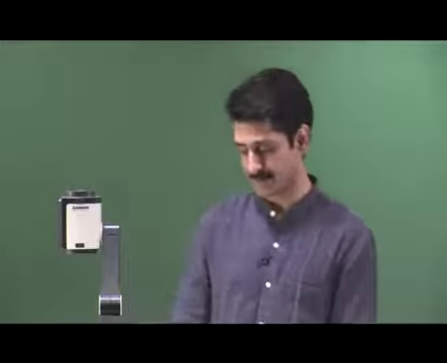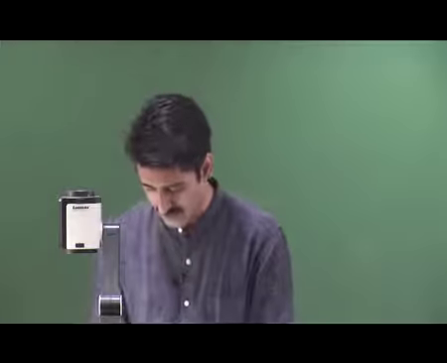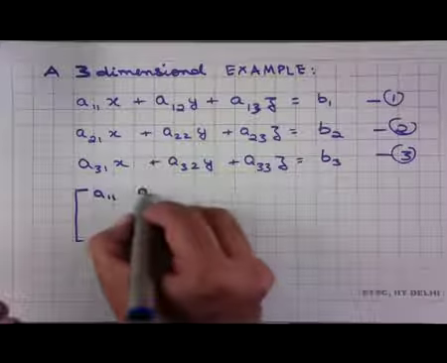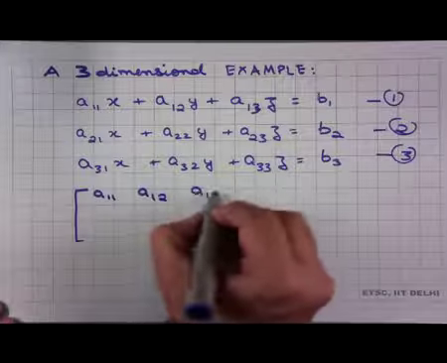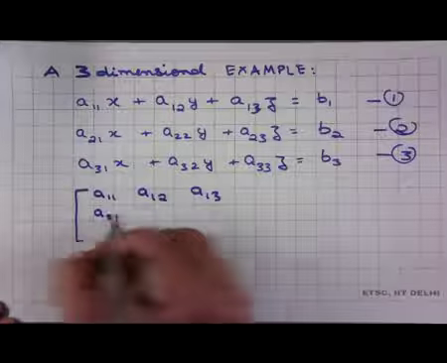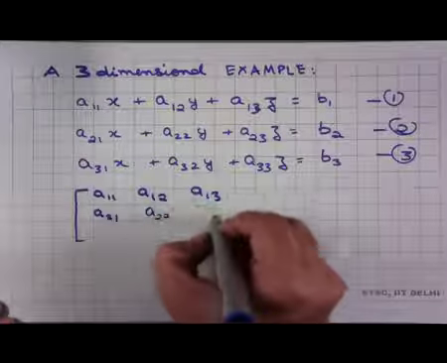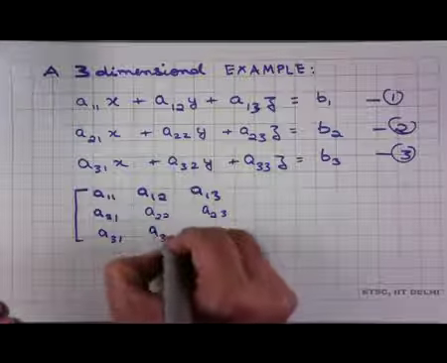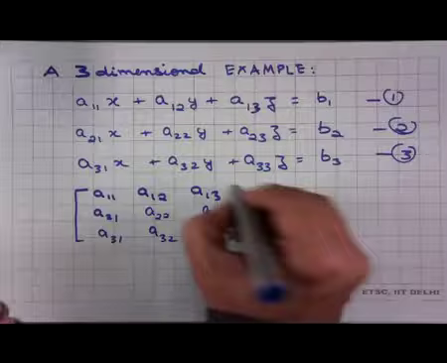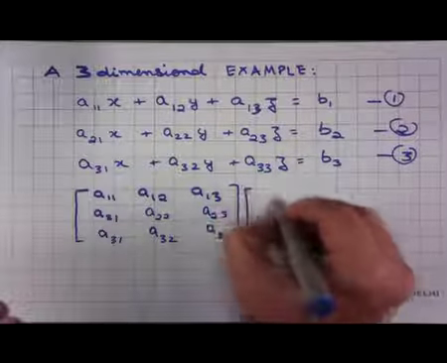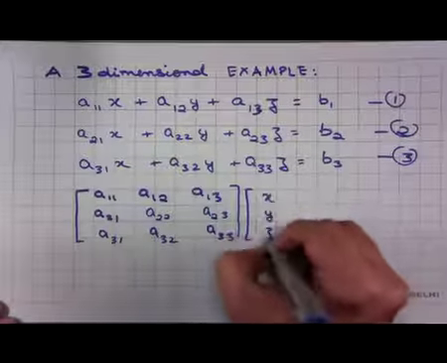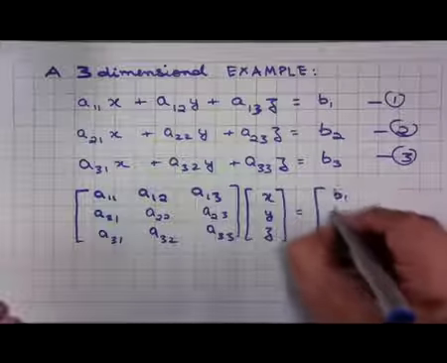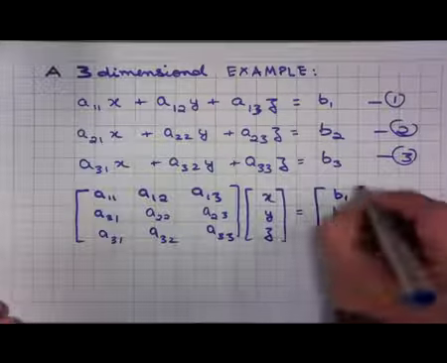which we call capital B. So, we can write this down as a matrix a11, a12, a13, a21, a22, a23, a31, a32, a33, and then a column vector x, y, z, and then vector b1, b2, b3.